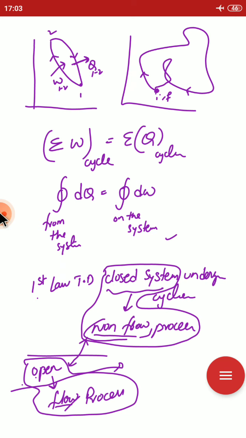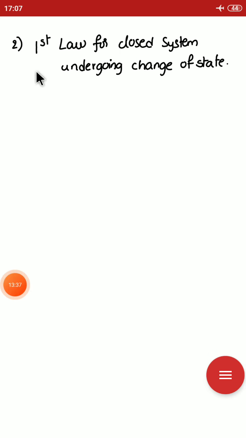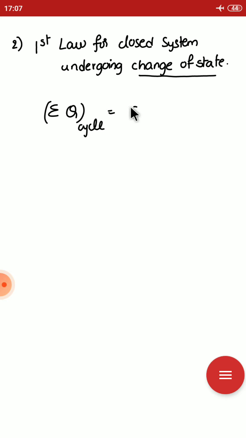Now we see the first law applied to a change of state. Now we see the first law of thermodynamics for a closed system undergoing a change. Before this, we saw the first law for a closed system undergoing a cycle, as this expression.